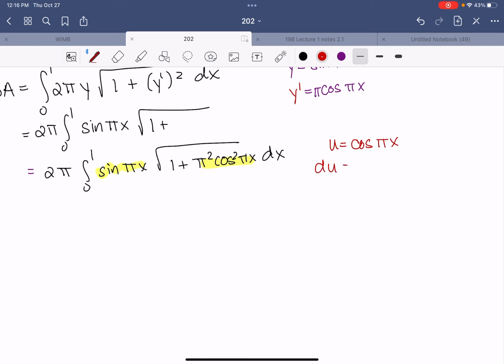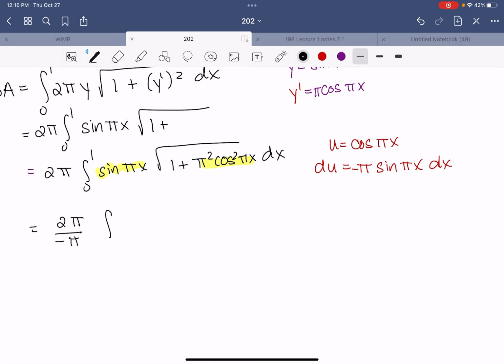And then my du is pi times the sine of pi x, only we need it to be negative, dx. And so that means this is going to become 2 pi over negative pi, because that negative pi moves over. The integral, and I'm going to leave the boundaries off for now, or we can compute them.